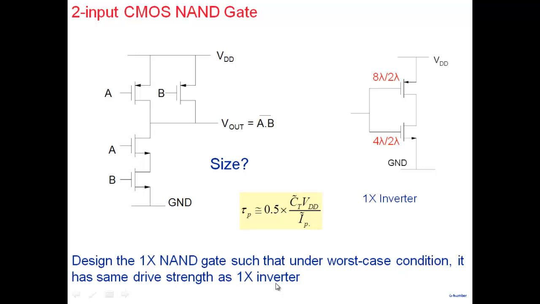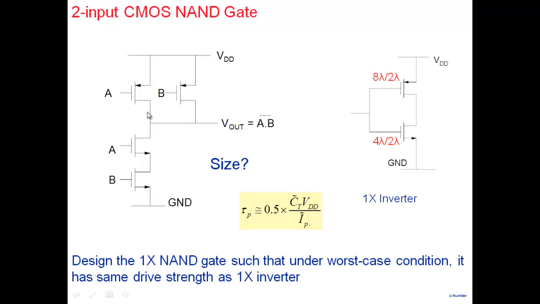With that in mind, we are designing this to have the same strength as this particular one, under worst case condition. The worst case condition for a pull up network is when only one transistor is on. It's possible that A is going from 1 to 0 and B is also going from 1 to 0, and therefore both of them turn on simultaneously and both charge up whatever capacitance is there.